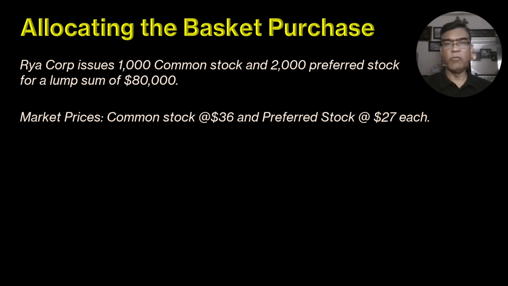So what is our duty? We need to split, or allocate, this 80,000 between common stock and preferred stock. So how much do we give to the common stock, and how much to the preferred stock? As the market prices of the two classes are different, we use the relative market value.